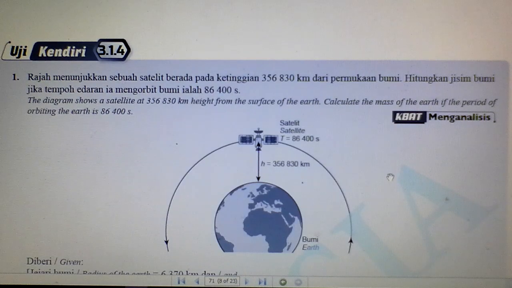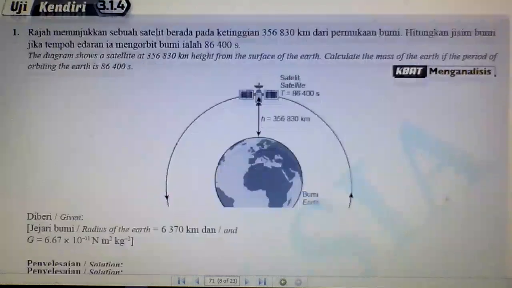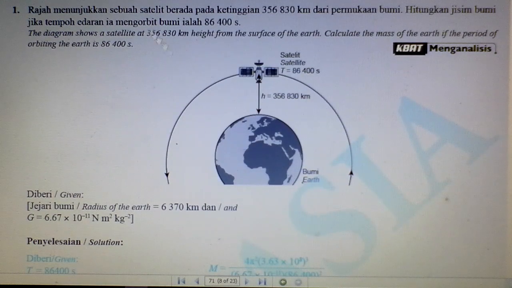Okay, look at Uji Kendiri 3.1.4. Number 1, the diagram shows a satellite at 356,830 km height from the surface of the Earth. Calculate the mass of the Earth if the period of orbiting the Earth is 86,400 seconds.